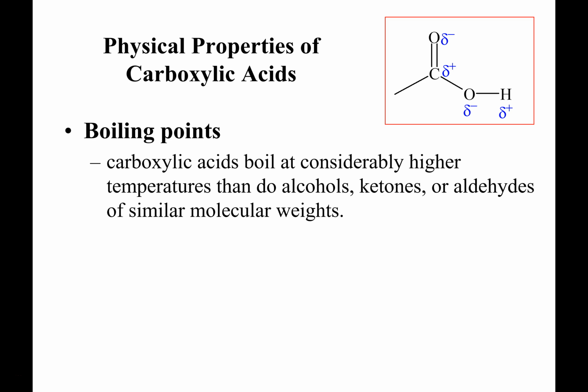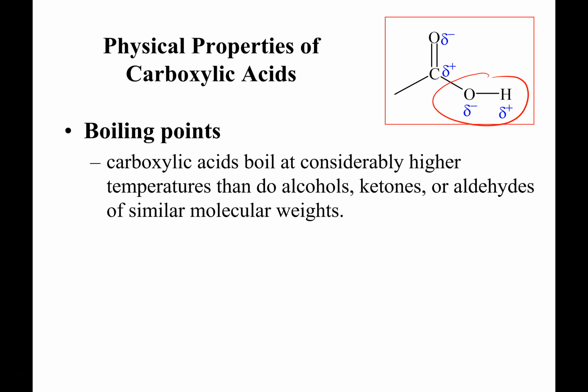Now, we didn't cover this one yet. This is a carboxyl. If you find carboxyl on your sheet, you'll find R, carbon, double bond O, and then the carbon also has a hydroxyl group. So carboxylic acids, or carboxyl groups, can hydrogen bond.